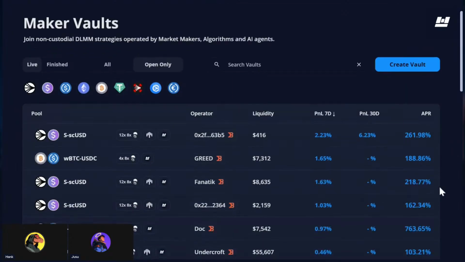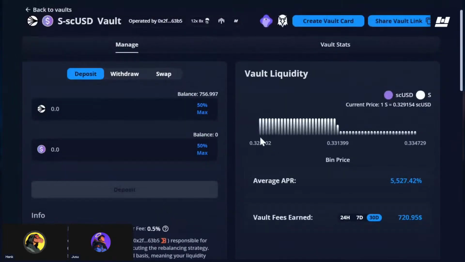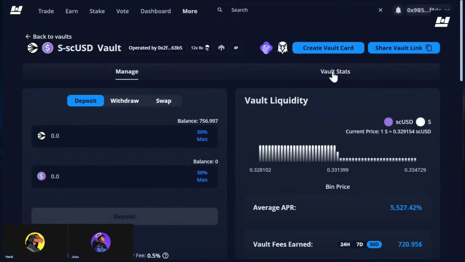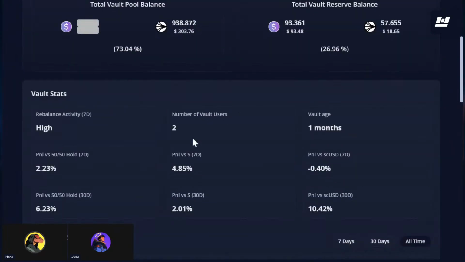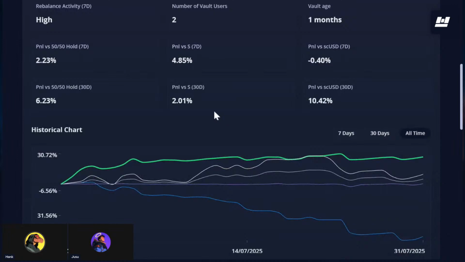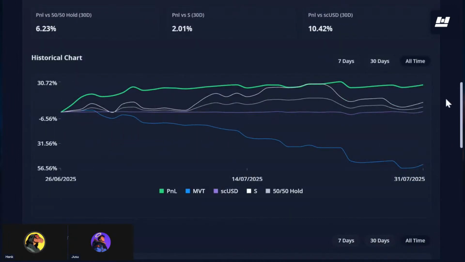I'm just going to look at the first one, because I took a look at this one before, and this is interesting to highlight how this differs from the vault that we've just seen. Here you have all the same information, the P&L numbers, the data, but in the historical chart you can see something really interesting.